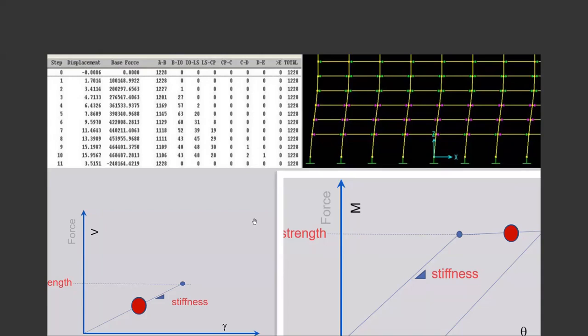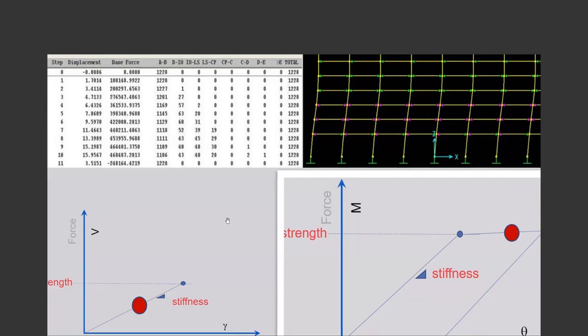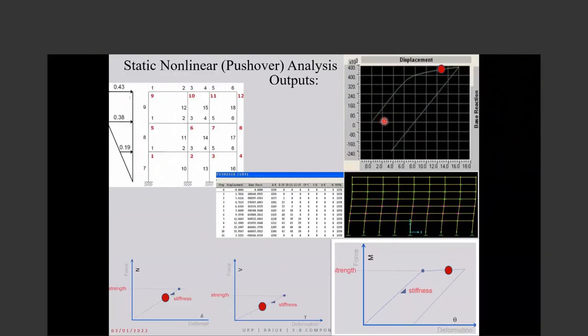These softwares are now so easy that people who don't want to do evaluation do their ordinary design. But because the capability is there, they say, okay, now let's try to see the behavior of what I designed. So they push their building in the software and see, for the building that they designed, why such sharp changes in the nonlinear range.